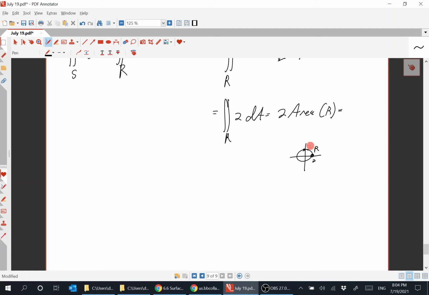So pi times r squared, 2 squared is 4, so it's 8 pi.